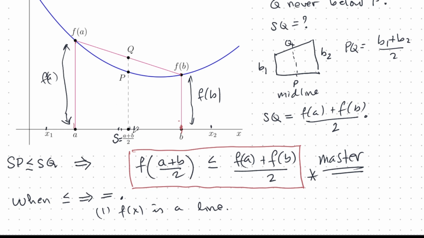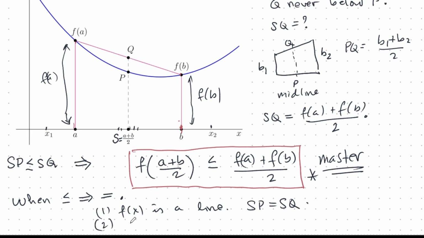It doesn't have to be the midline. If I choose any line, it's going to give me an equal PQ, and so SP will be equal to SQ when f of x is a line. So that is going to be always true.